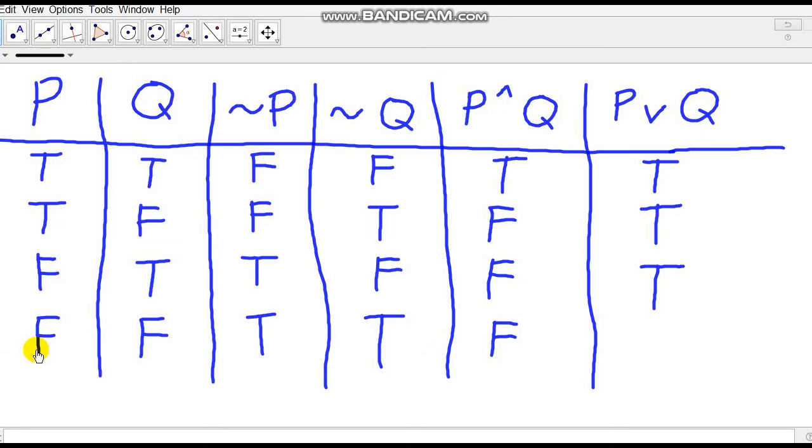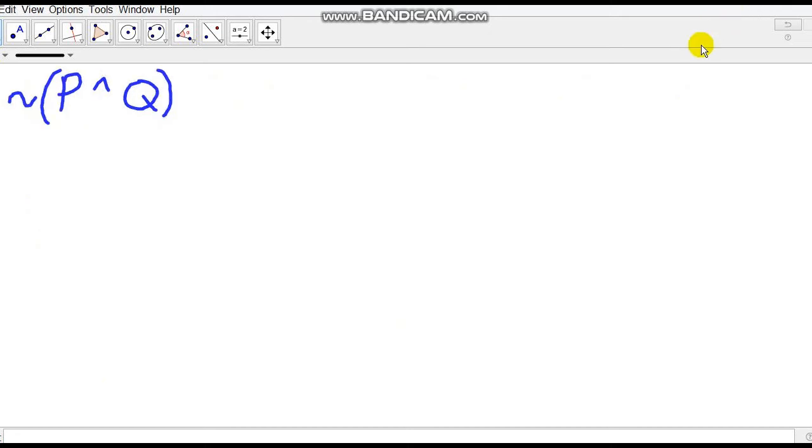Lastly, P is false, Q is false. Since both of them are false, P or Q is false. So this is our truth value for P or Q. If one of them is true, then P or Q becomes true. If both of them are false, that's the only time P or Q becomes false.